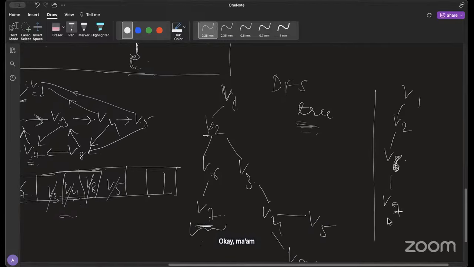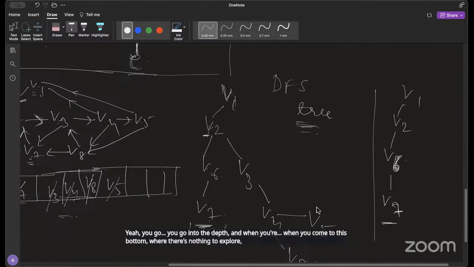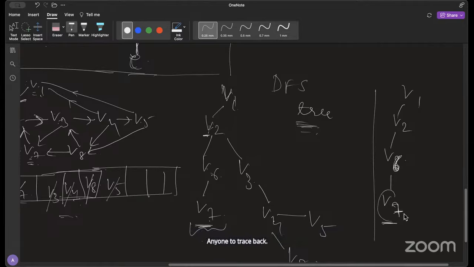So you trace back. It means we have to find the depth. Yes. You go into the depth, and when you come to the bottom where there's nothing to explore anymore, you trace back. When you're done exploring this, you trace back. Then when you're done exploring this, you trace back. And when you're done exploring this, then you trace back. But you're not done exploring V2 yet.